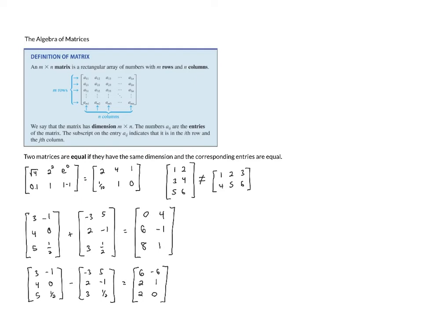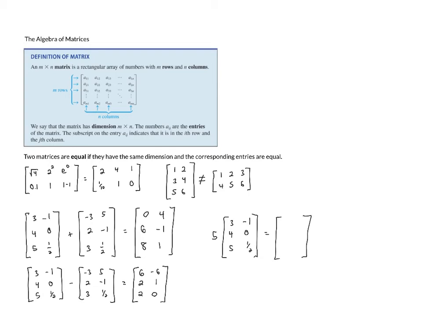We can, in some circumstances, multiply two matrices together, but that's more complicated, and that's something that we're going to look at in our next lesson. But for now, we can look at how we can multiply a matrix by a scalar constant, which just means a number. If we wanted to take the matrix with entries 3, -1, 4, 0, 5, and 1/2, and multiply it by 5, we can do this by distributing the 5 to each of the elements inside the matrix and multiplying them one at a time.